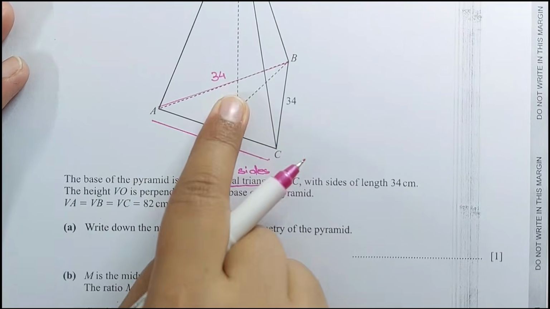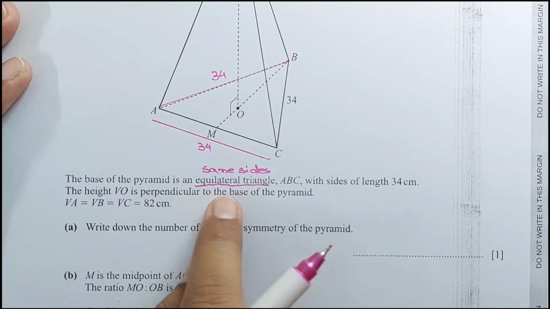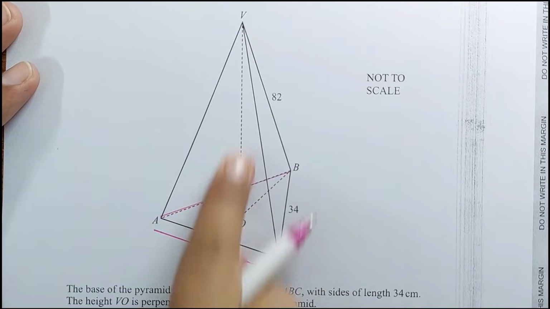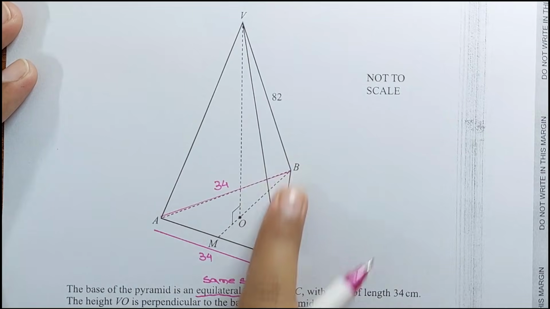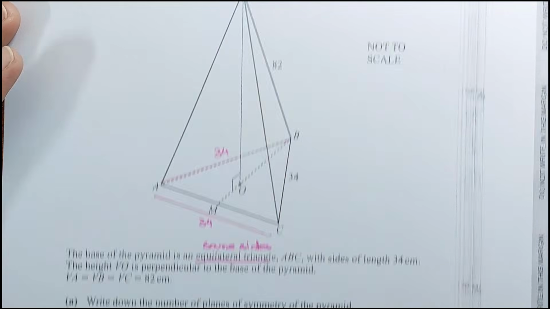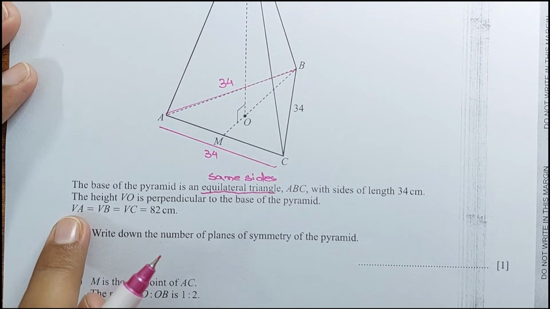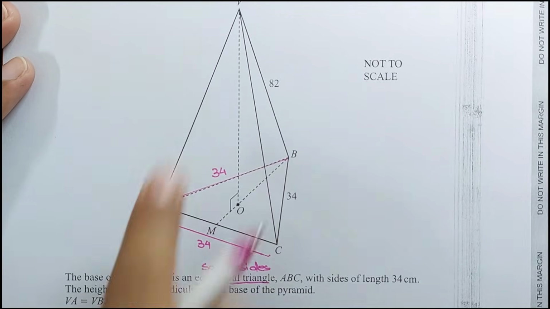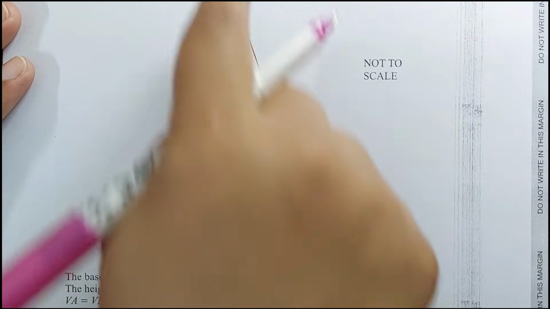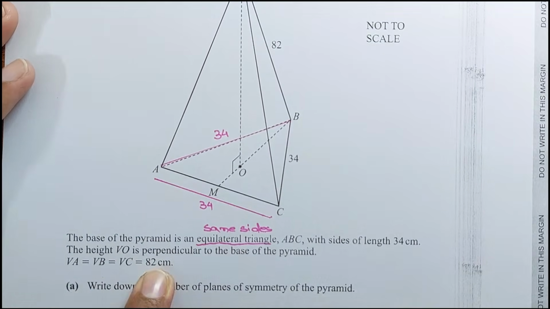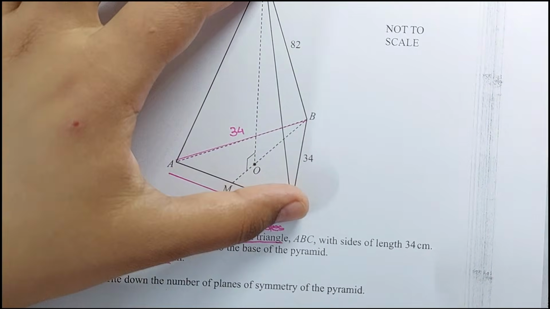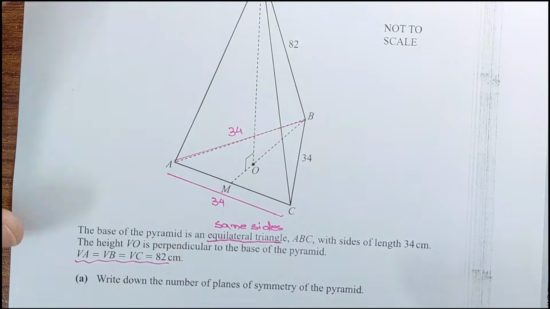V to O, that is the height, is perpendicular to the base of the pyramid. Now VA, VB and VC, V to A, V to B, V to C, they all are 82 centimeter. This length is 82, this length is 82, that length is 82.